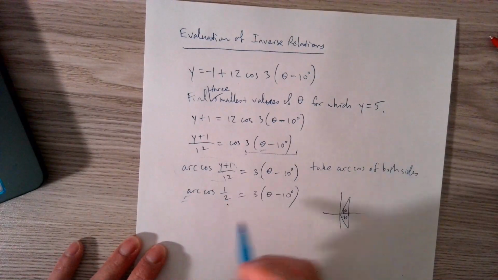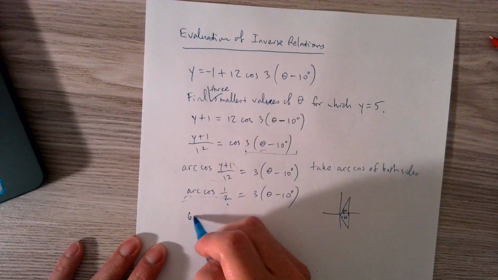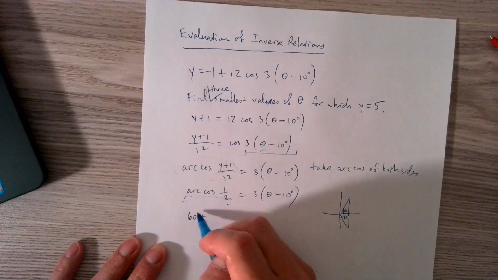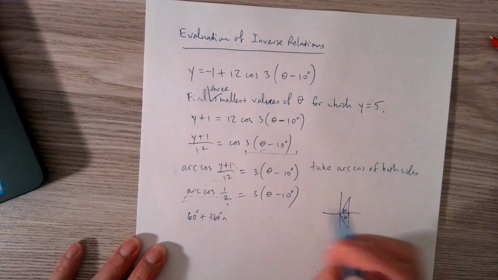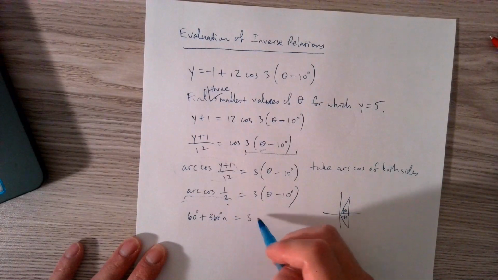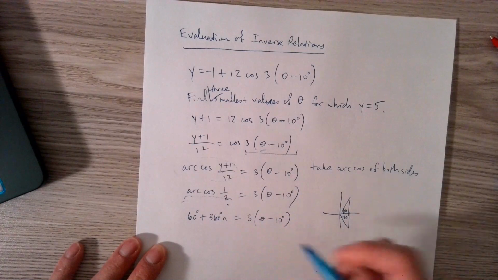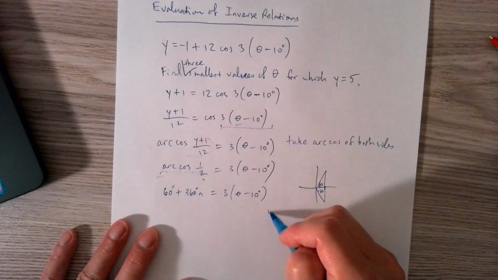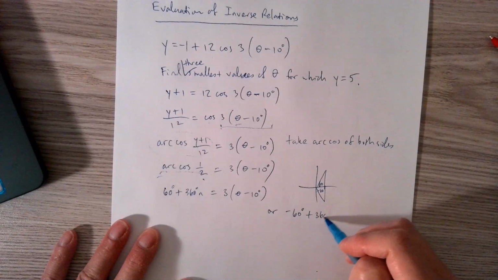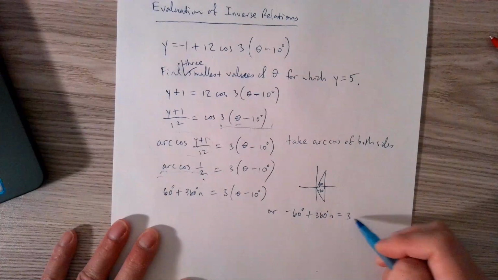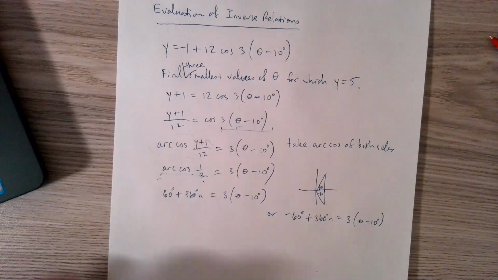So on the left side, this becomes 60 plus 360n. And I'm going to write here, or negative 60 plus 360n. So that takes care of all of those angles.